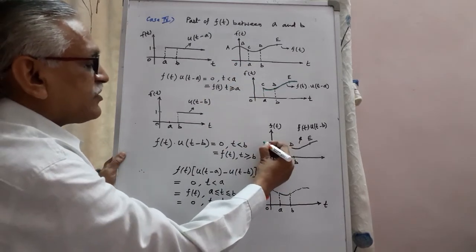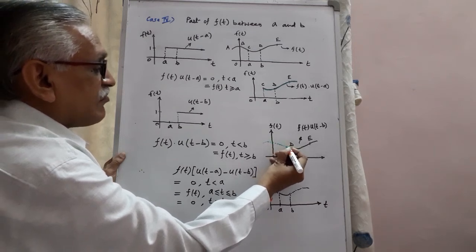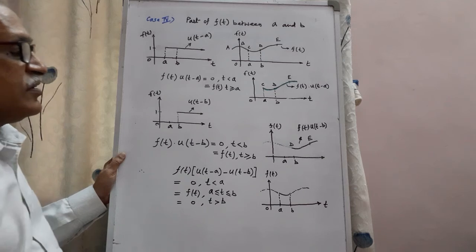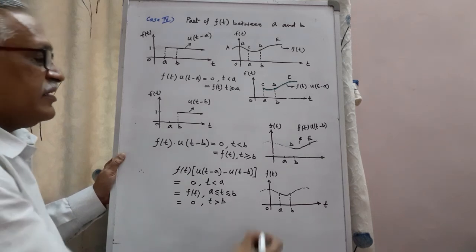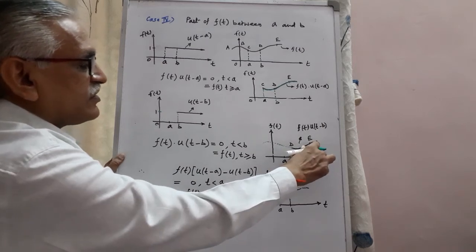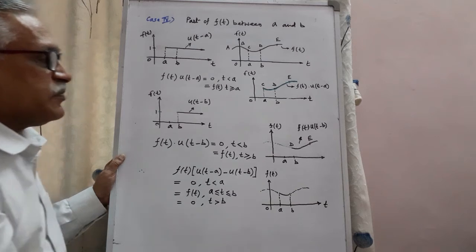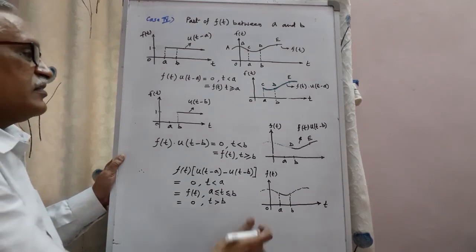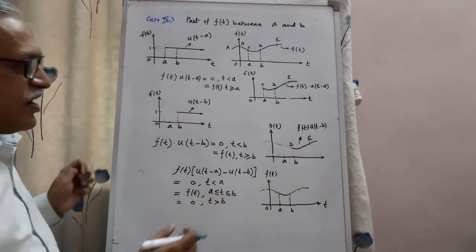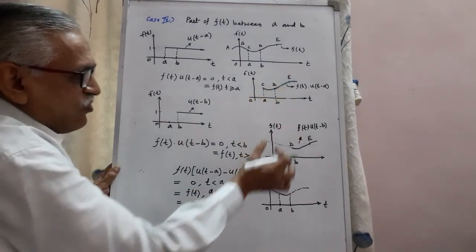Therefore, this much part becomes 0, and whatever the function f of t between d to e represents the product f of t into u of t minus b. Therefore, if I want to obtain the portion between c and d, what do we have to do?